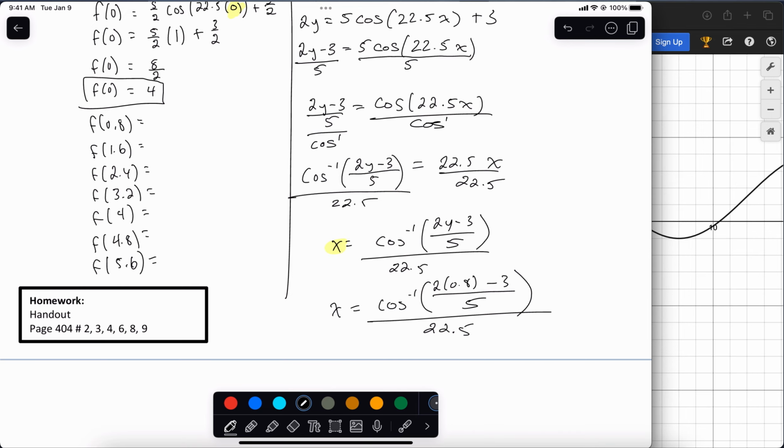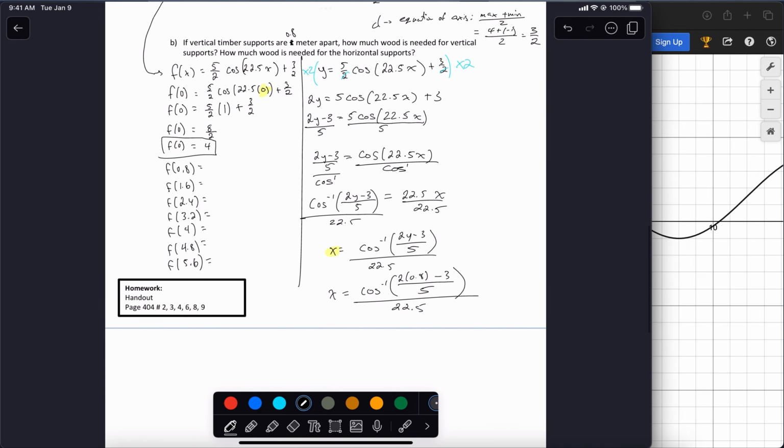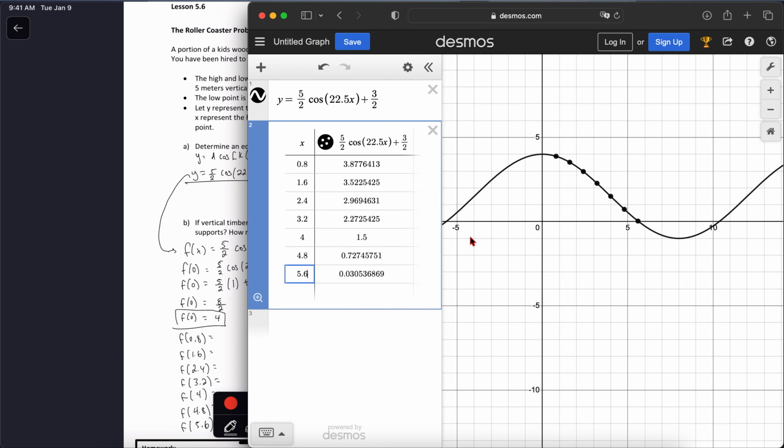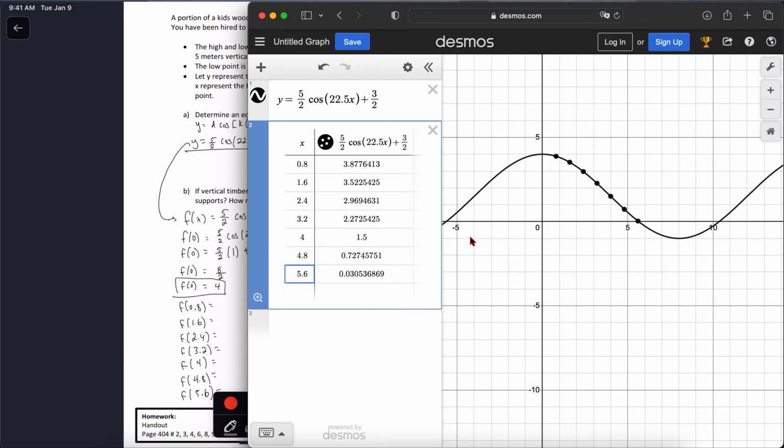Okay, so hopefully you found some use in that, between using Desmos and trying to figure out what are the x values that correspond with y's, and y's that correspond with particular x's, and then applying that to a situation that somebody has been paid to do and figure out, right?